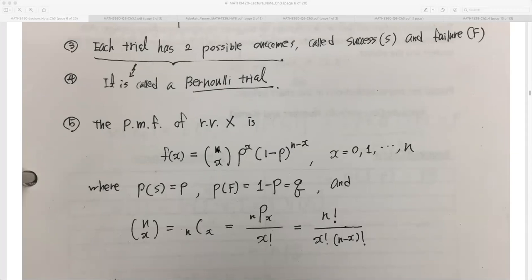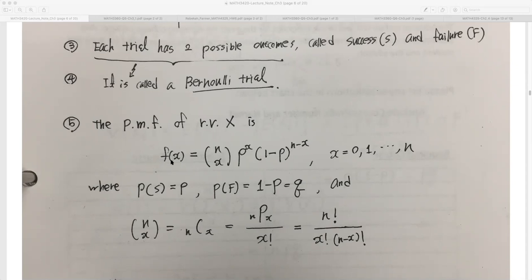Permutation nPx means the number of ways to choose x items out of n items with order considered. Order matters. So what is p? Here p is the probability that we get a success in each trial. So p to the x power times (1 minus p) to the n minus x.